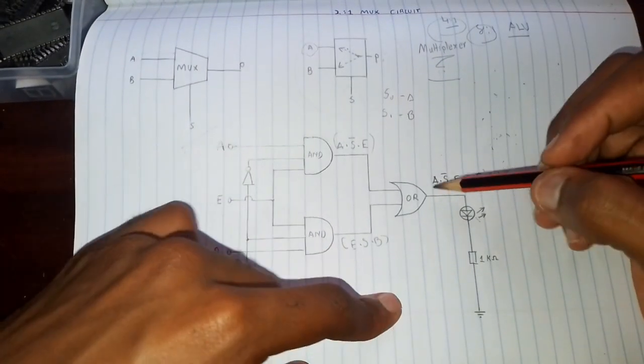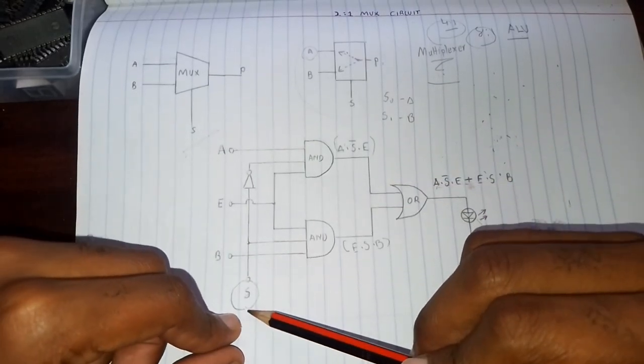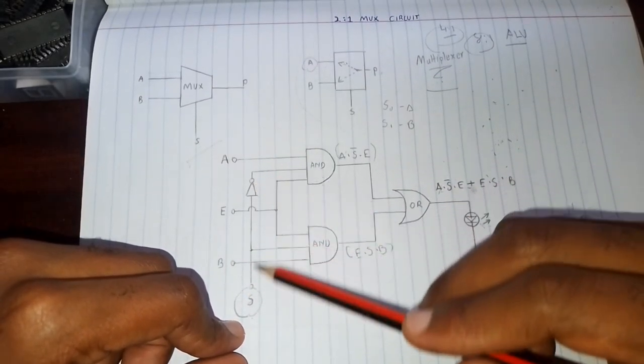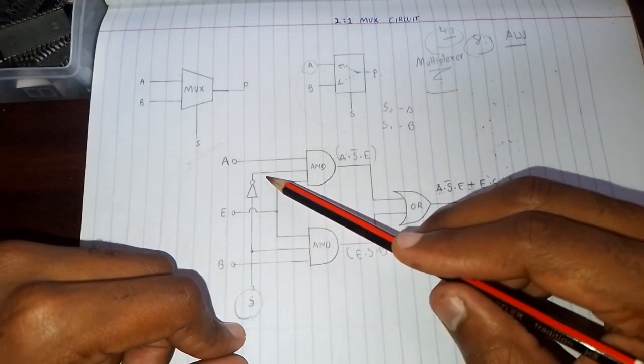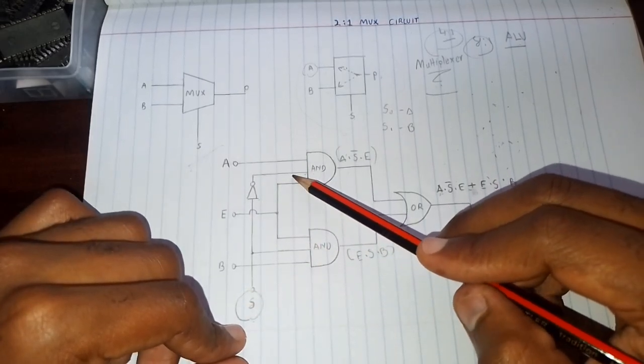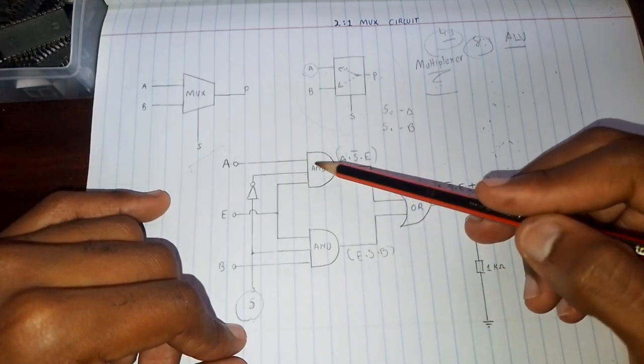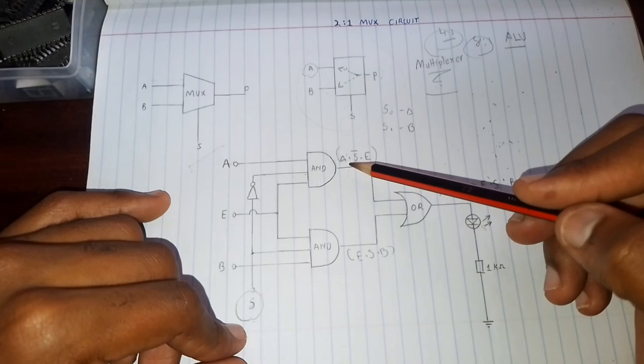To explain this simply, when S is 0, this will be on. For those who are new to logic gates, an AND gate operates in a way that all inputs have to be on for it to give a 1 output.